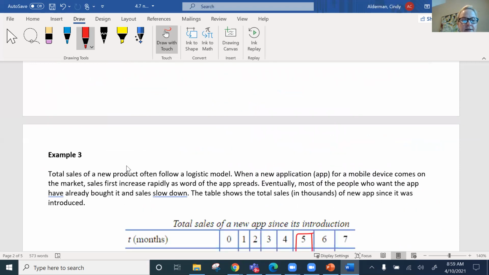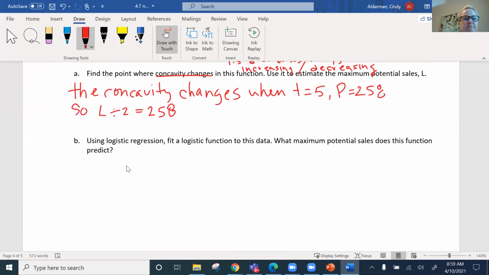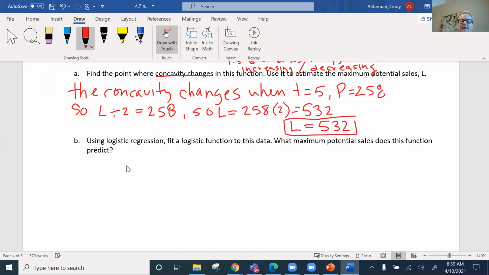So then to find L, we're just going to multiply both sides by 2. L must equal 258 times 2, or 532. So L is 532. And we found that by finding the inflection point and then multiplying it by 2.